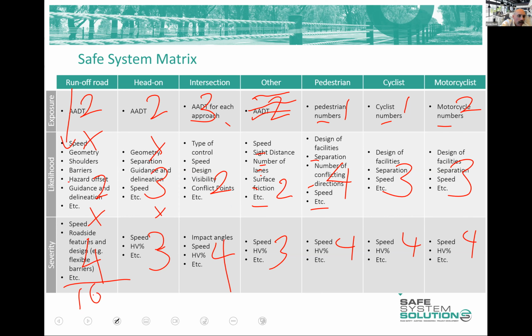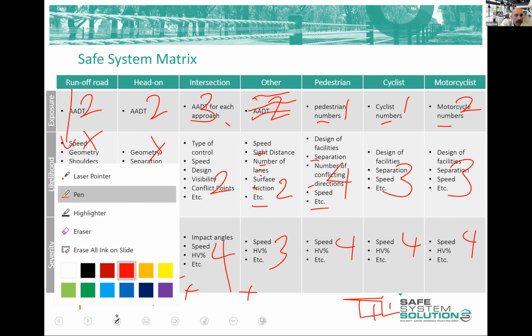So we've got 2 times 3 is 6, and so we've got 18, and so on and so on. And what you then do is add along the bottom, and you get a final score out of 400 and out of 448.